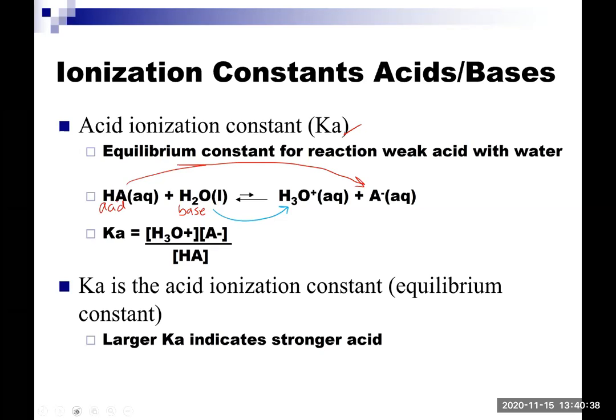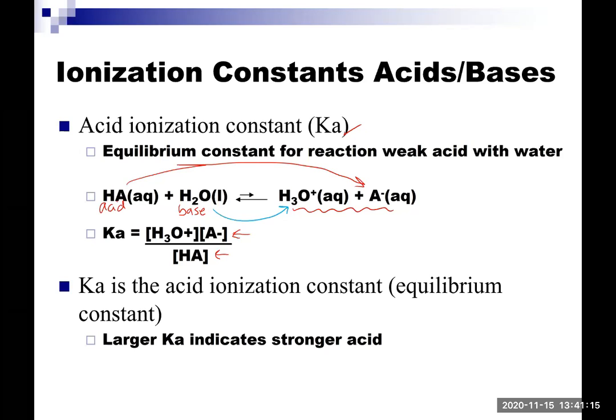The way that we view a Ka then is by looking at how much ionization, because remember, if it's strong, then we'll have 100% ionization. If the acid is weak, we'll have less than 5% ionization. But the Ka can give us a quantitative value for that. So we look at the concentration of ions on the top, in the numerator of this ratio, and we look at the concentration of our original acid we started with in the denominator.